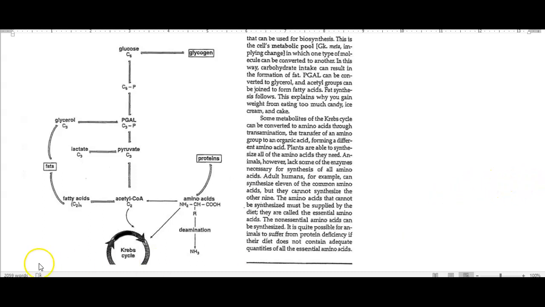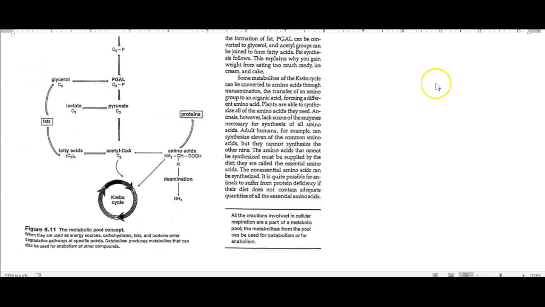Okay, so let's go ahead and look at this picture. So this is the metabolic pool concept. When they're used as energy sources, carbohydrates, fats, and proteins enter degradative pathways at specific points. Catabolism produces metabolites that can also be used for anabolism of other compounds.